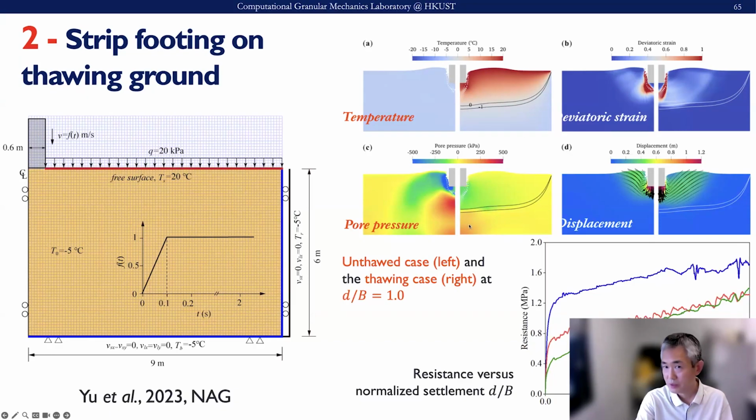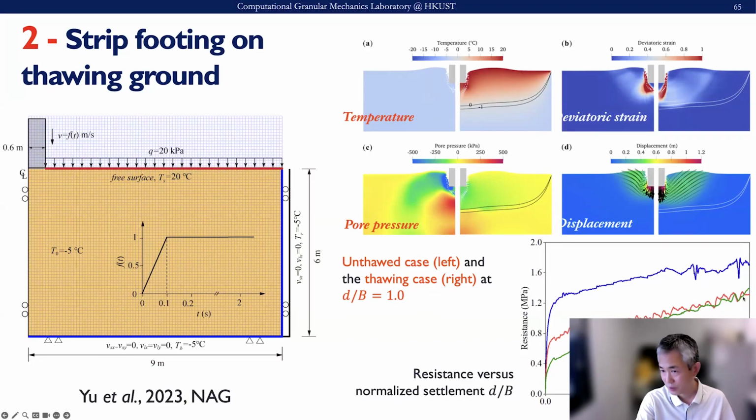Apparently, if we consider the thawing, the case will have quite a significant difference from the unthawed case. Also, if we compare the so-called resistance or load bearing capacity of this footing, if we don't consider thawing, the blue part indicates the resistance is much higher than if we consider thawing.